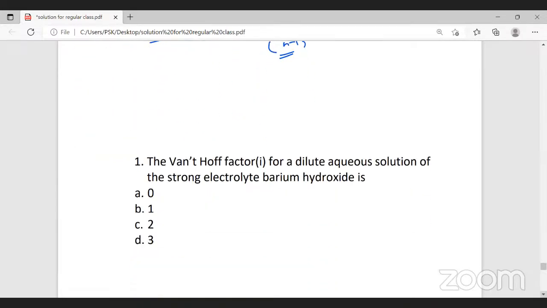Now, the first question: the Van 't Hoff factor I for a dilute aqueous solution of the strong electrolyte barium hydroxide. Barium hydroxide is Ba(OH)2. When we say strong electrolyte, they undergo complete dissociation: Ba2+ and 2OH-.